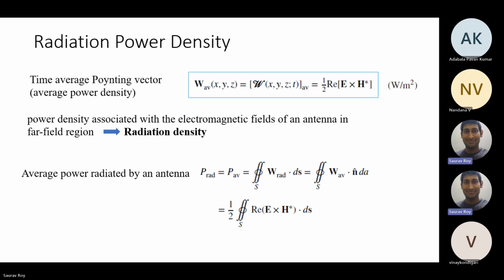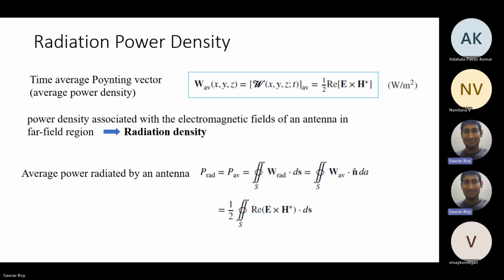Instead, we have a power density, which we generally get from the cross product of the electric field and the magnetic field. So instead of voltage and current, we are dealing with electric and magnetic fields in high frequency. That's why we need this power density concept.